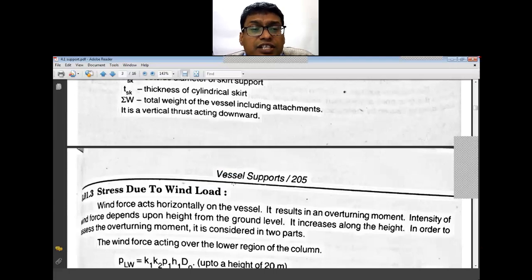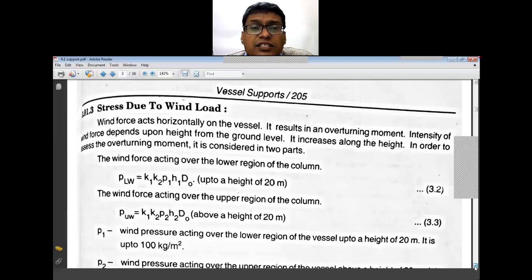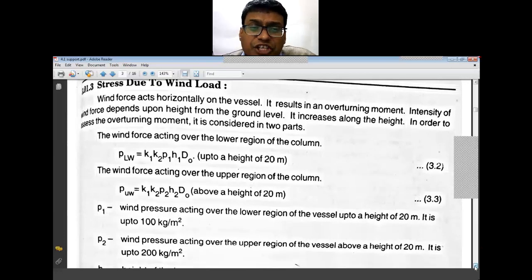Now the next is stresses due to the wind load. On which surface area will this wind load be acting first? Now let us consider this again as a column. On this column, the wind that is getting exerted, this is the wind force that will be exerted. So the outer surface area is exposed to the wind.